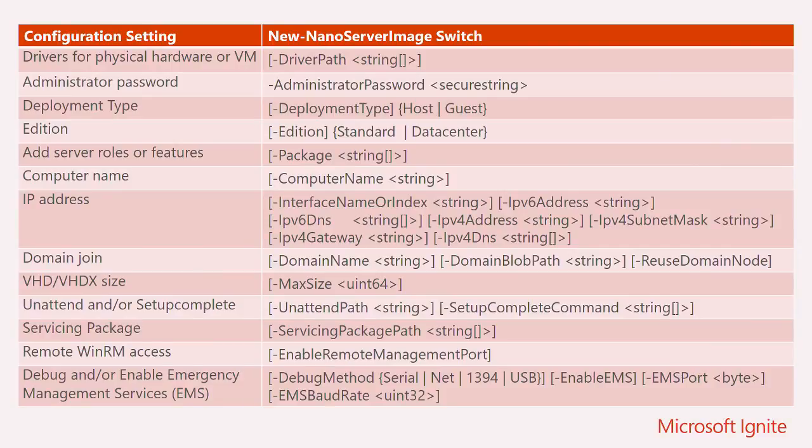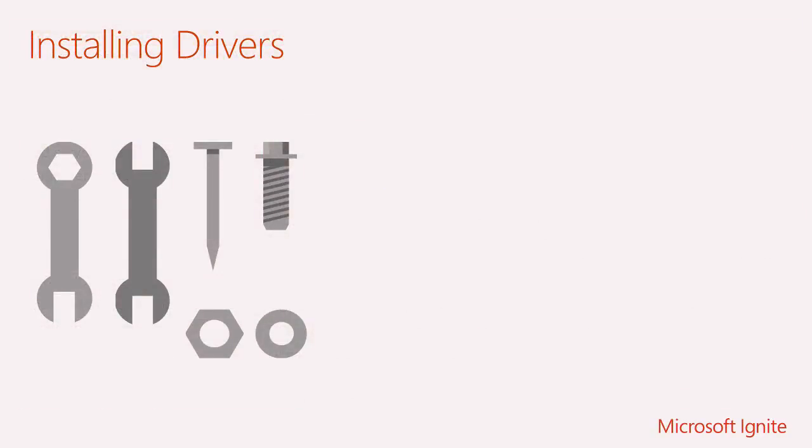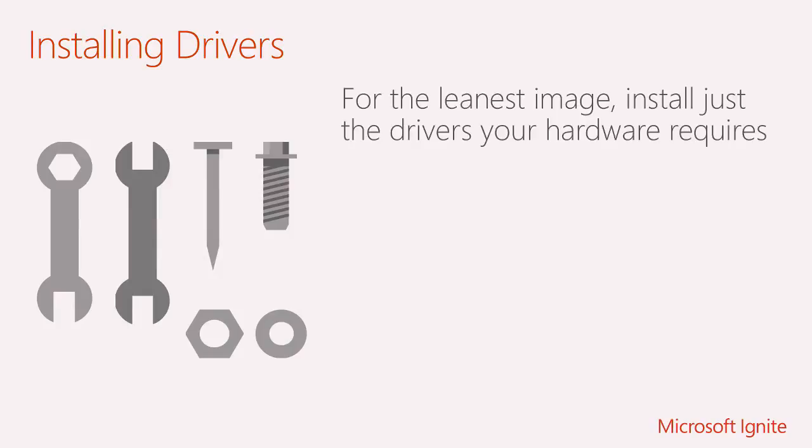This is really here for your reference later on. I'm not going to talk through all of these right now because I'm going to show you a bit in a demo later on. So you want to get this slide and have a look at it to understand the options later. But let's dig into installing drivers for a bit. As I talked about, we don't install all the drivers by default.